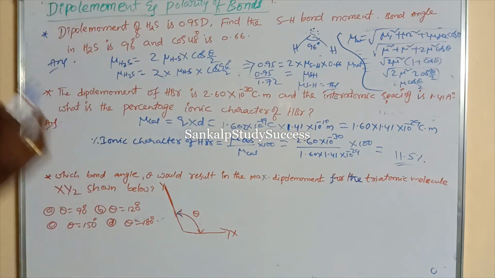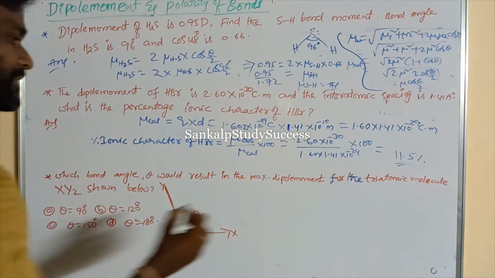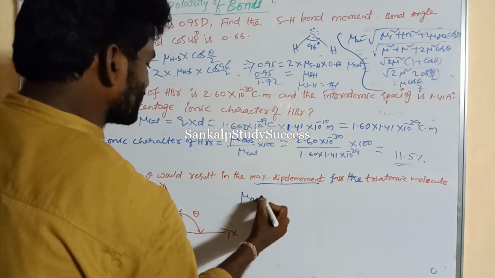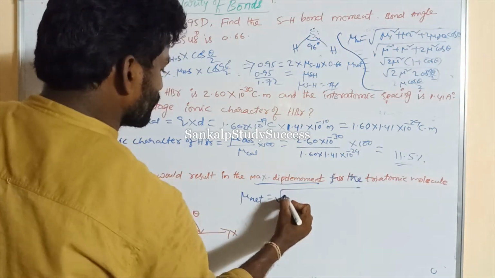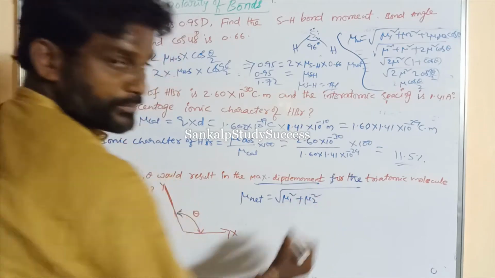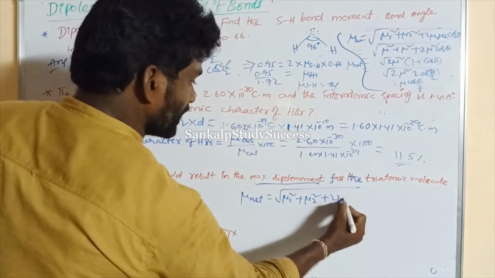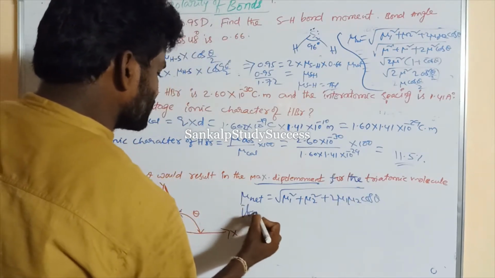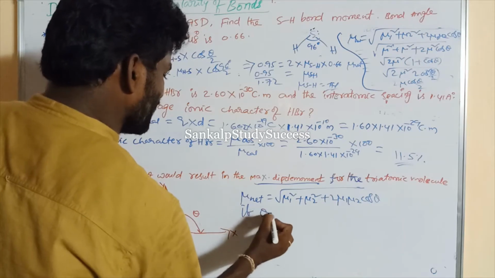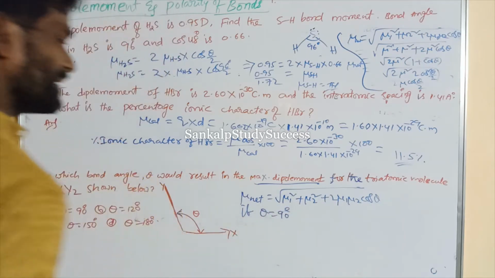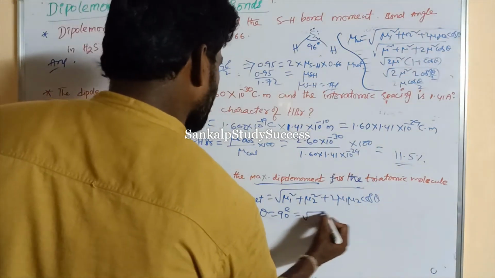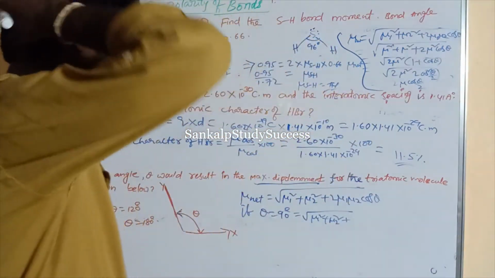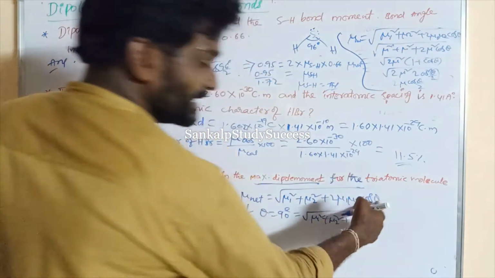So what is the answer? For the resultant maximum dipole moment, we know that mu net is equal to the square root of mu1 square plus mu2 square plus 2 mu1 mu2 cos theta. If theta is equal to 90 degrees, then mu1 square plus mu2 square plus 2 mu1 mu2 cos 90, and cos 90 degrees means 0.